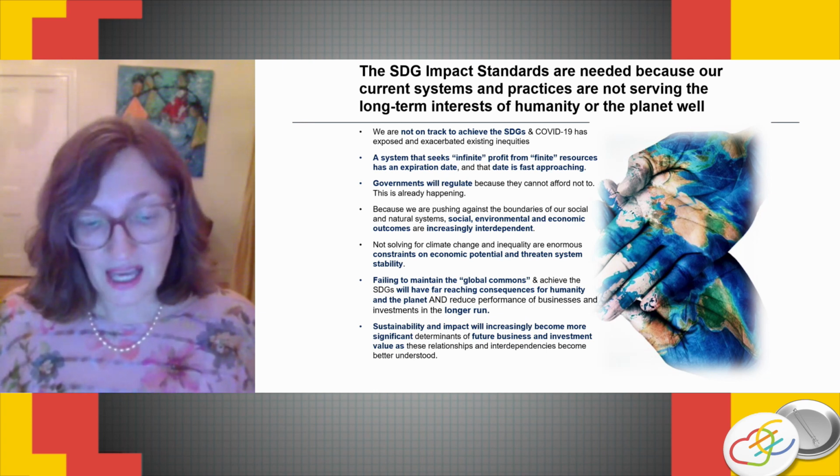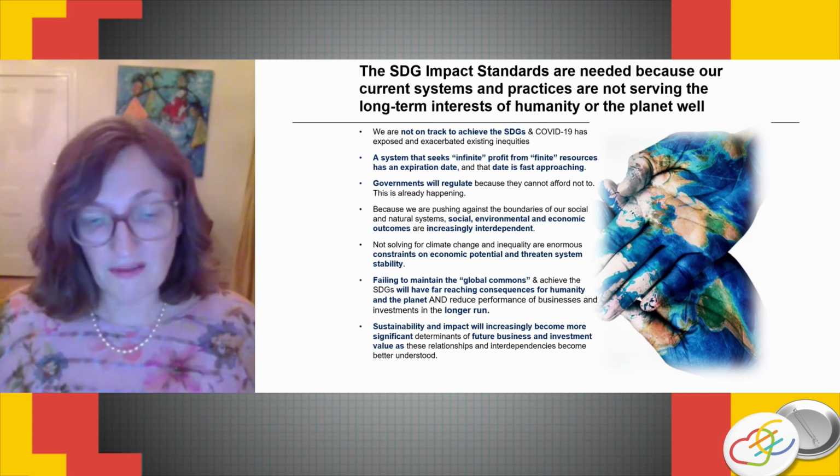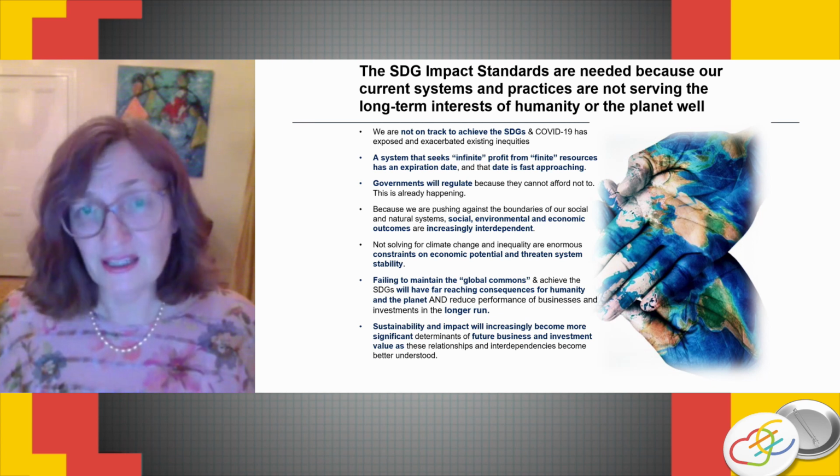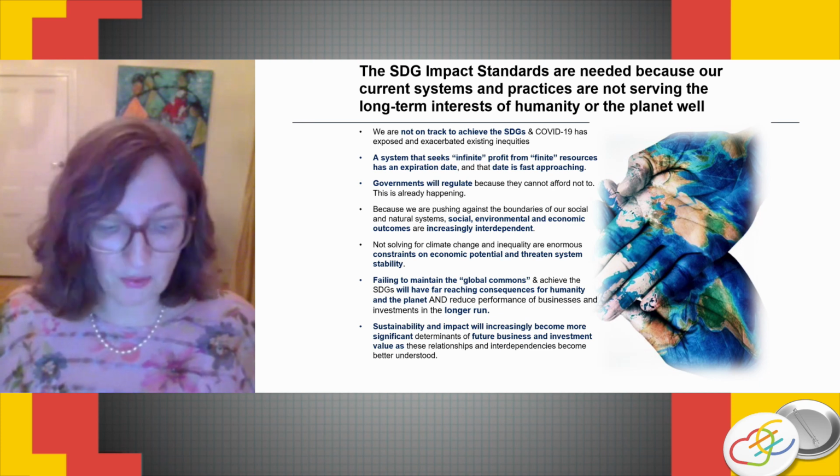So there's a broader business case for the Sustainable Development Goals. The SDG impact standards have been designed as an internal decision-making framework to help shift private sector engagement with the SDGs from alignment to action. They're needed because our current systems and practices are not serving the long-term interests of humanity or the planet well.